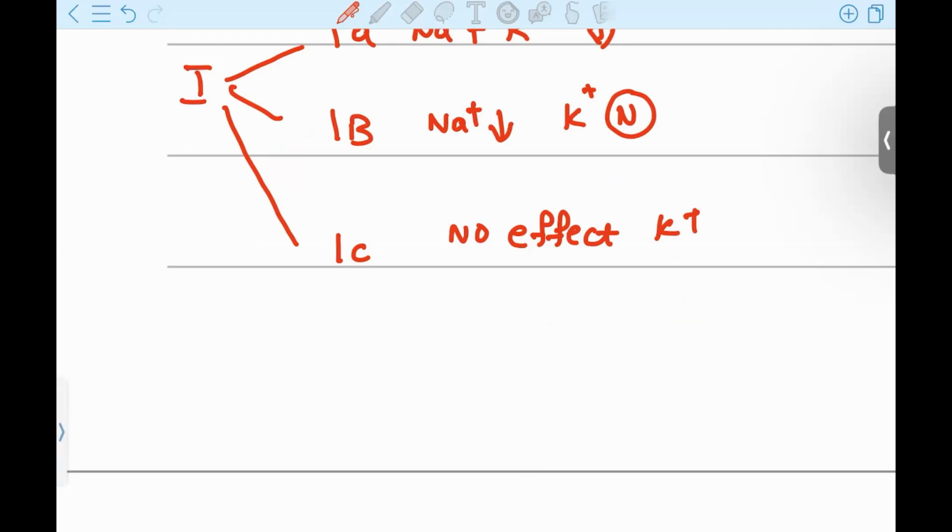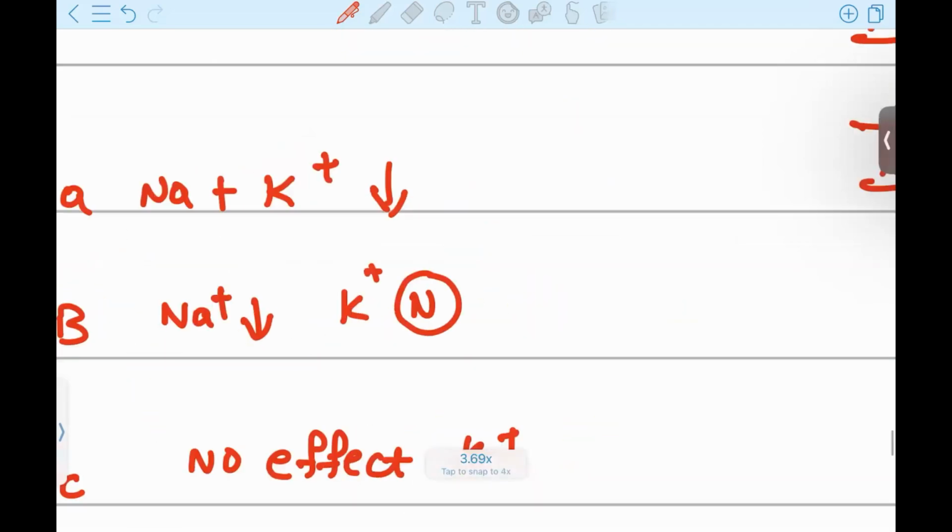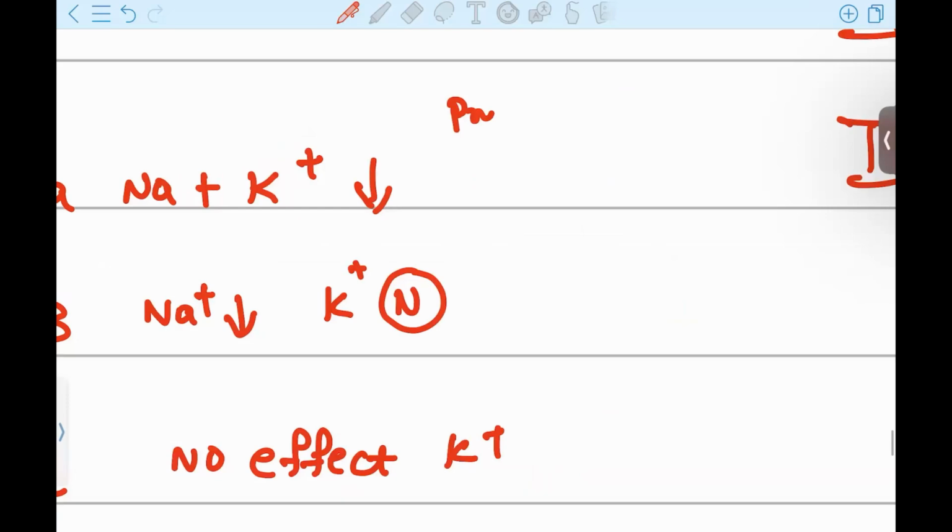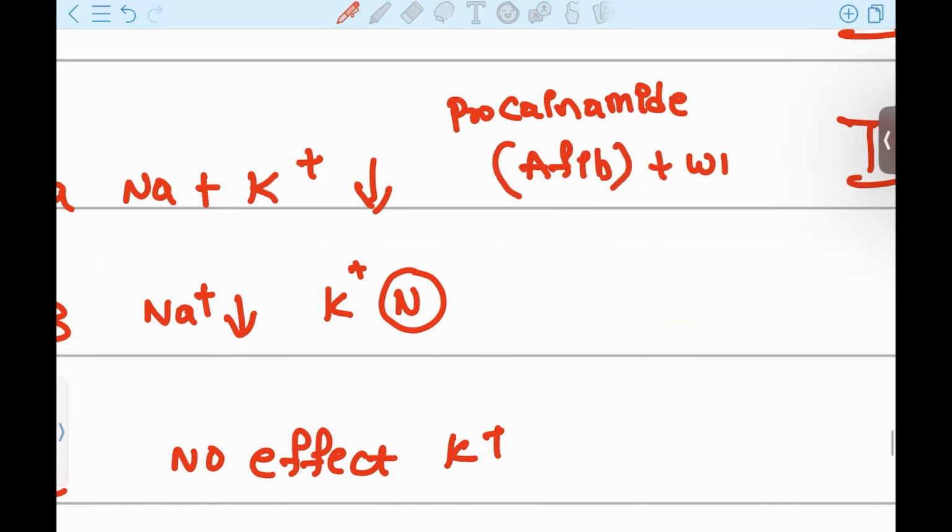In the 1A drugs, you have drugs of choice like procainamide. Procainamide is commonly used for patients with AFib, and those with WPW syndrome, Wolff-Parkinson-White syndrome, also. Another one is quinidine, which is also a 1A drug.